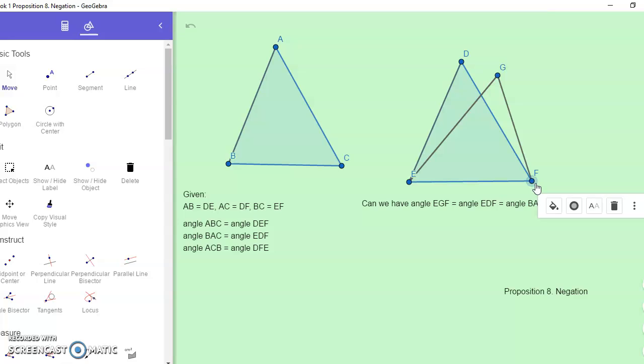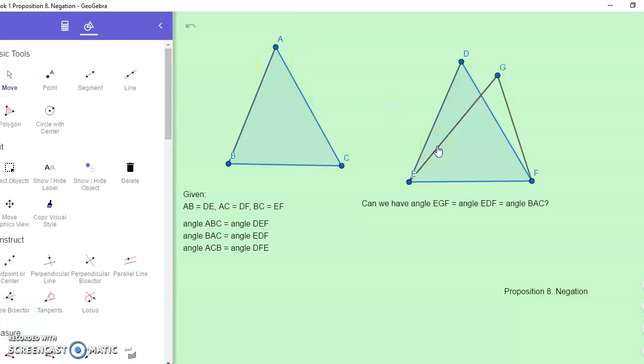By using the empirical truth of proposition 7, by having one vertex of triangle DEF, so that's D, not coinciding to point A. So this is the scenario, the figure. We have G not coinciding to D and not coinciding to A.